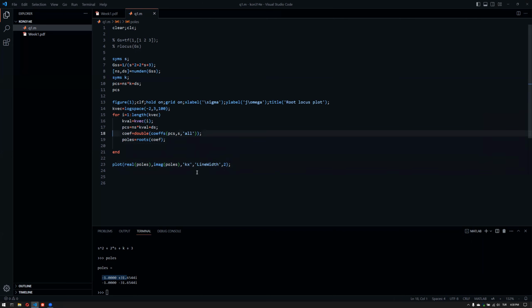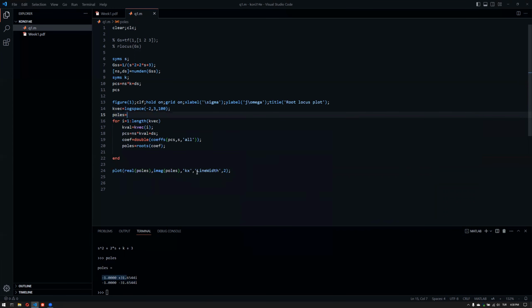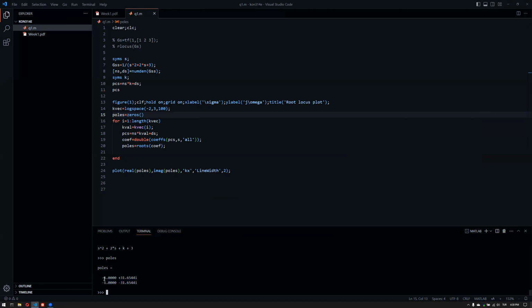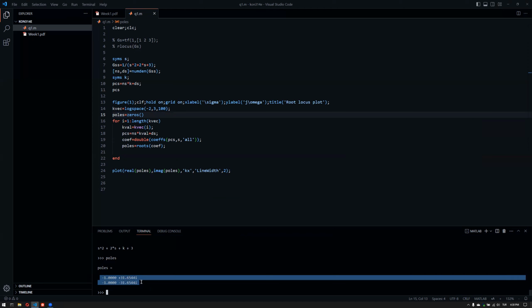So we can do that by using poles again, but now it is going to be a two-dimensional matrix. And the way that I'm going to store this is column-wise. Each column should correspond to a certain k value, and I should stack them side by side. Therefore, the number of rows in this poles variable would be equal to the order of the system, because the number of poles determines the number of branches, or the path of a pole.